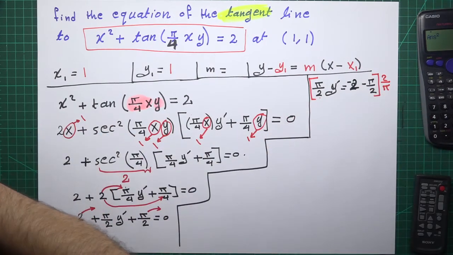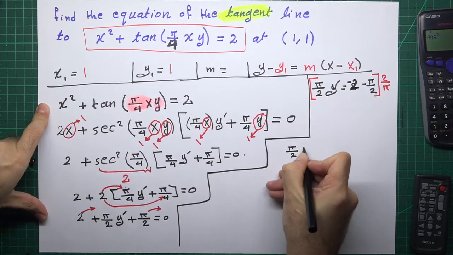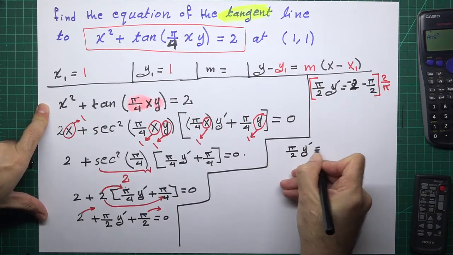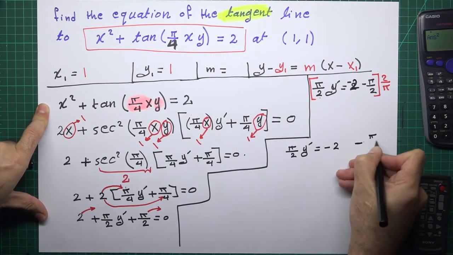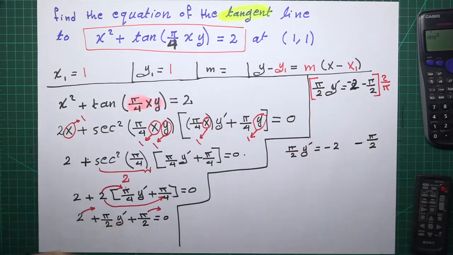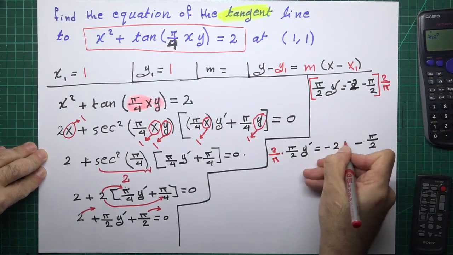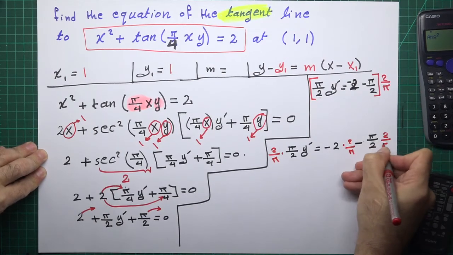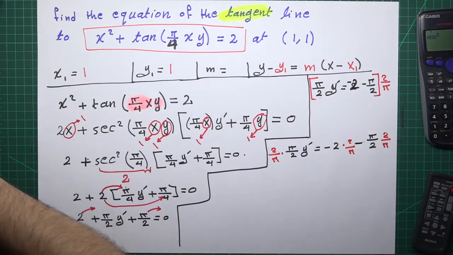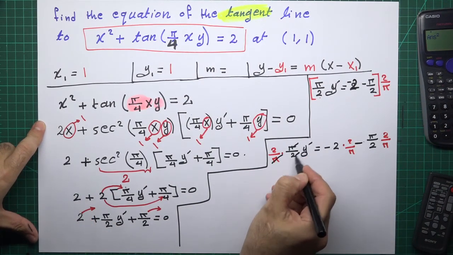So خليني أفرجي بشوية details. عندي pi over 2 y prime equals minus 2 minus pi over 2. I will multiply each term by 2 over pi. This will be eliminated with this with this.